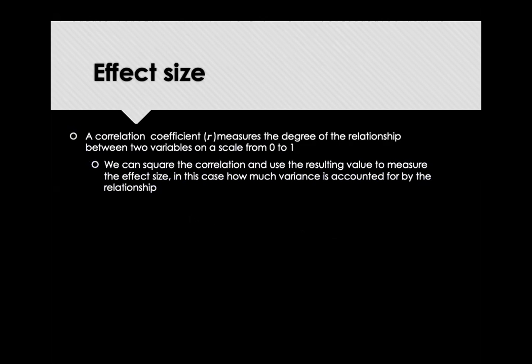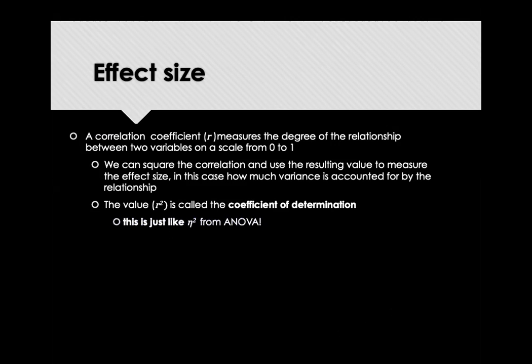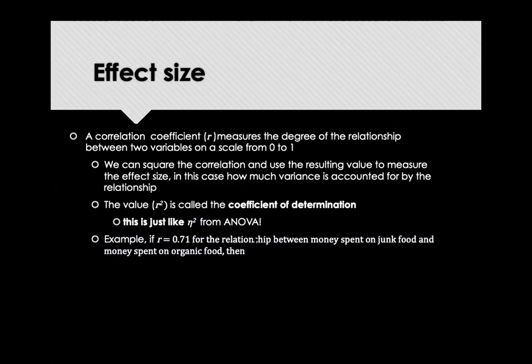We can square that correlation coefficient and use the resulting value to measure the effect size, in this case, how much variance is accounted for by the relationship. We're going to call this value, the squared correlation, the coefficient of determination. You might recognize R squared from ANOVA.